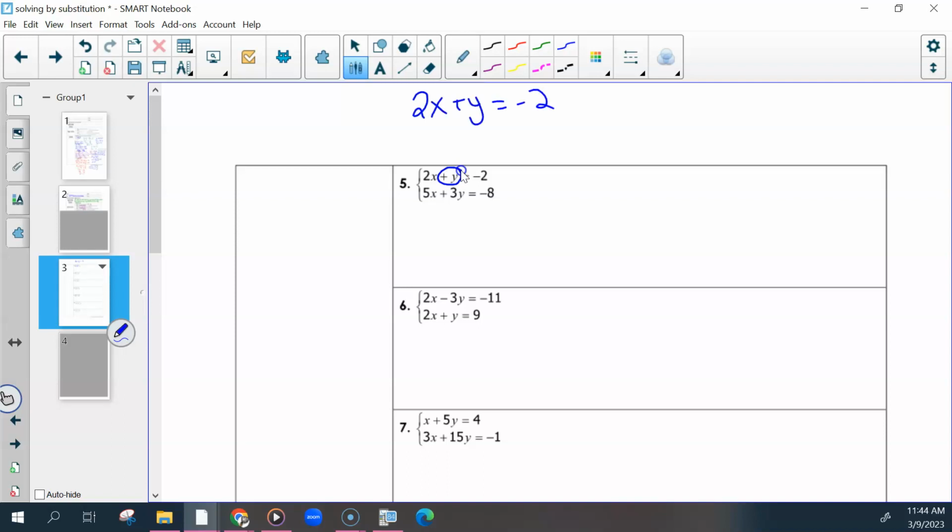So if we had to solve this one for y, what would we do? How would we get y by itself? And whether you put it in the same order or you flip it, doesn't matter.